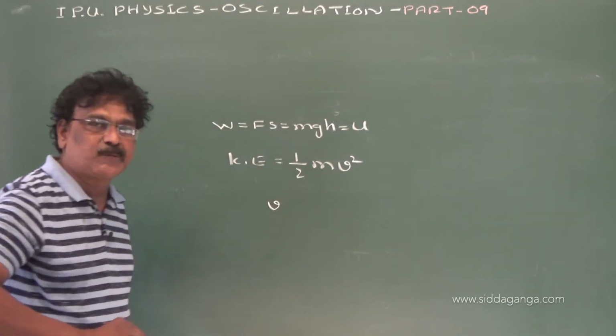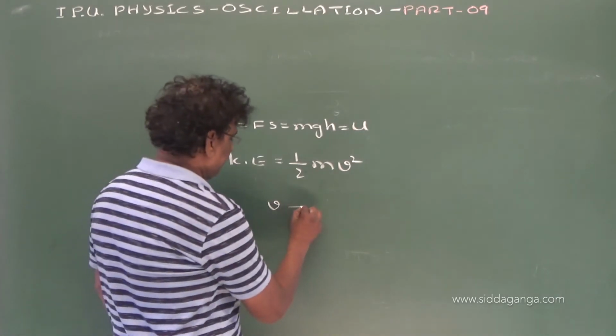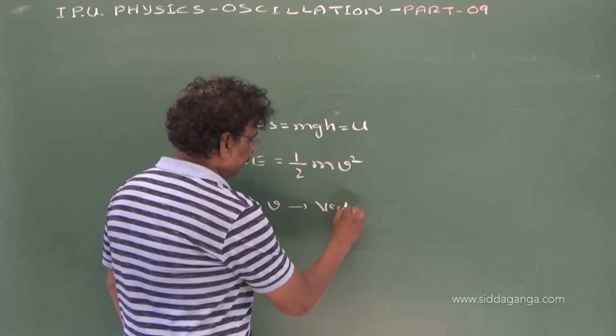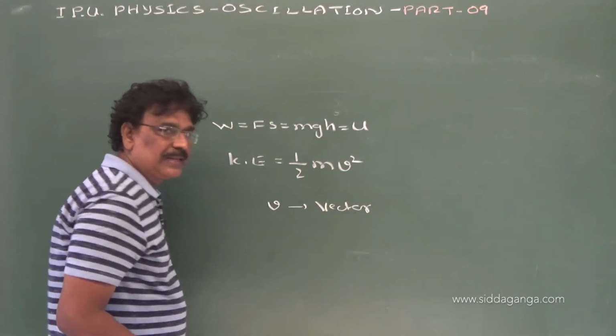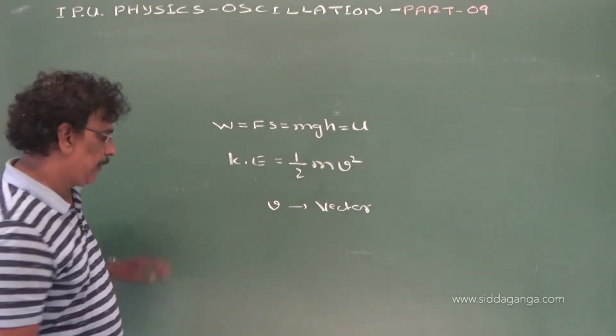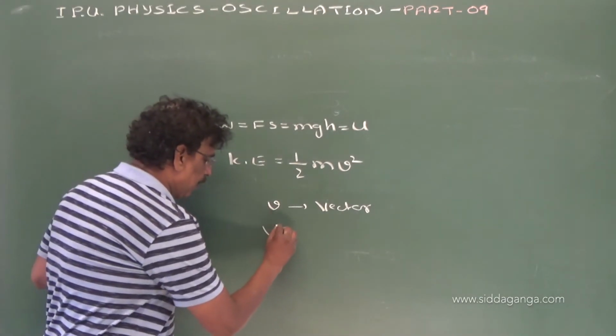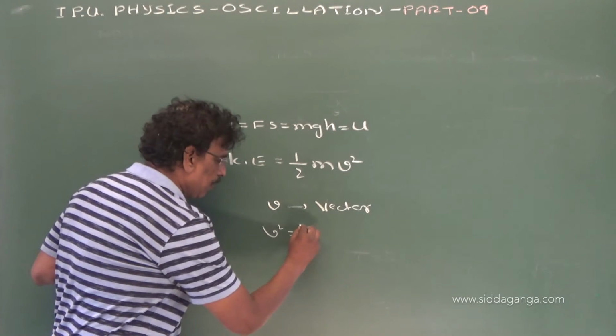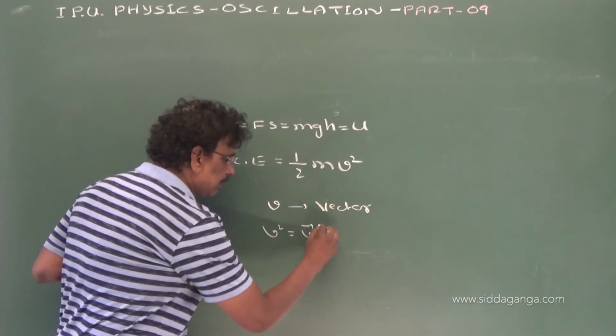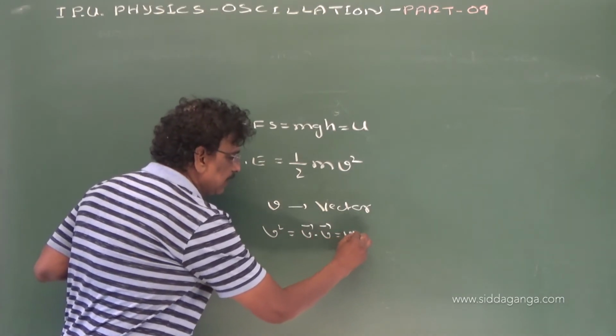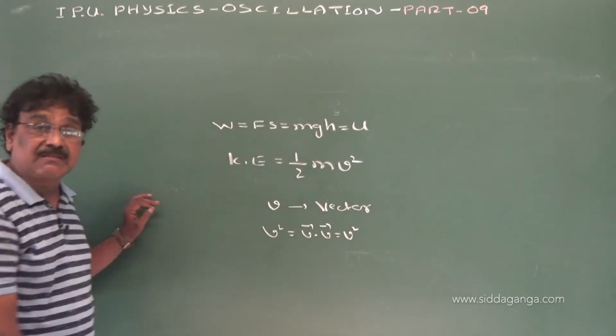Velocity is a vector quantity having both magnitude and direction. So v square is equal to vector v dot vector v, which is v square.